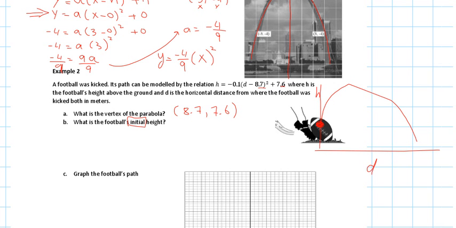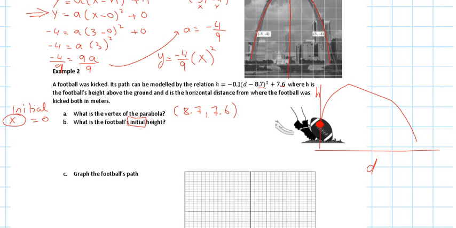Okay? So what is the football's initial height? So I'm looking at a distance of 0. Okay? Because that football is on the kicker's leg. So there's no distance between the kicker's leg and the football, right? So anytime you're looking for initial, it means the independent variable, the letter that represents x, is equal to 0.